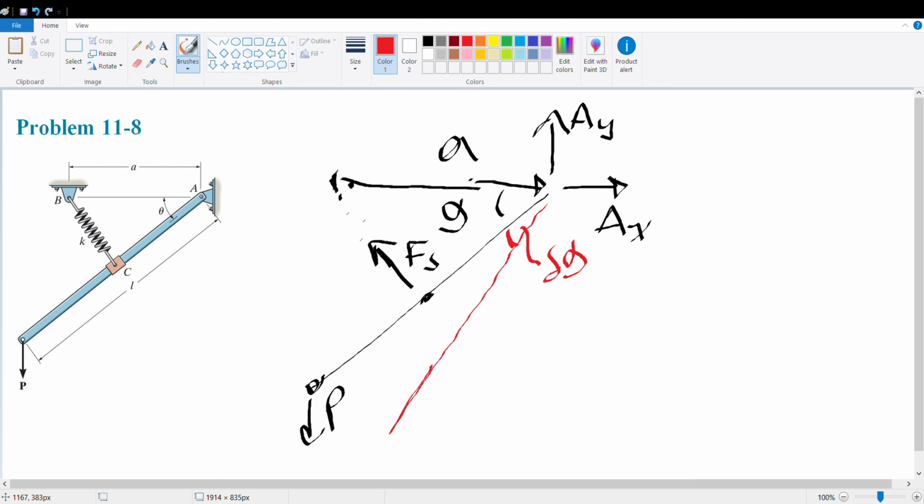Then I'm going to relate the displacement of any other point to delta theta. So I'm going to have delta S, I'm going to call it, the displacement of the spring.